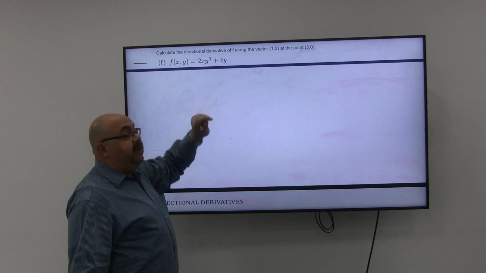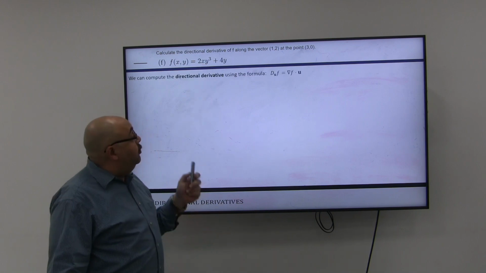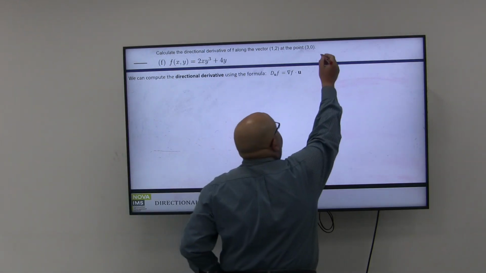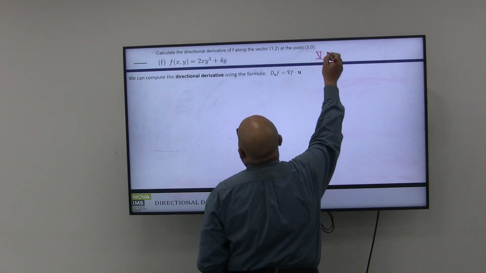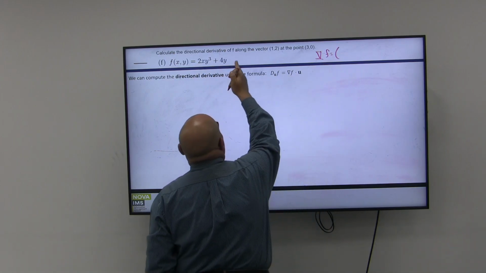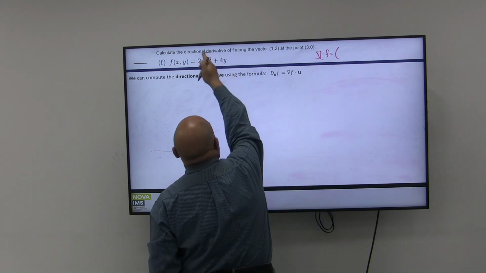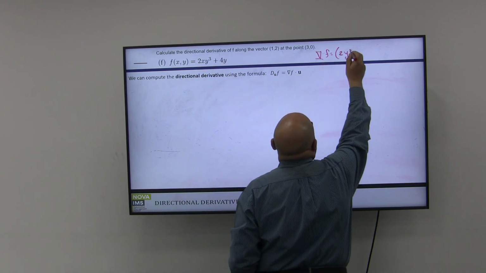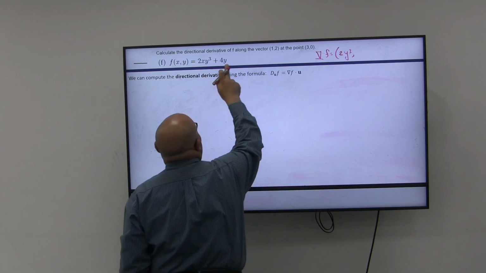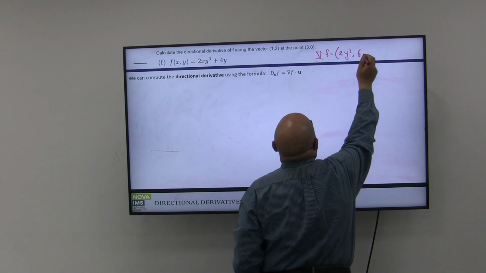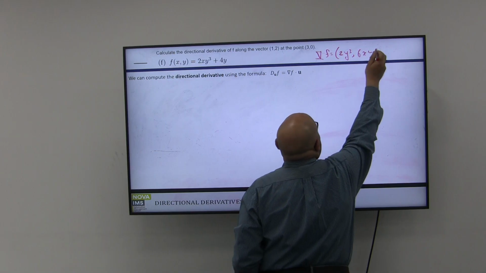Okay, so can you give me the gradient vector for this function? I will differentiate with respect to x. The derivative with respect to x will be 2y cubed. The derivative with respect to y will be 6xy squared plus 4.